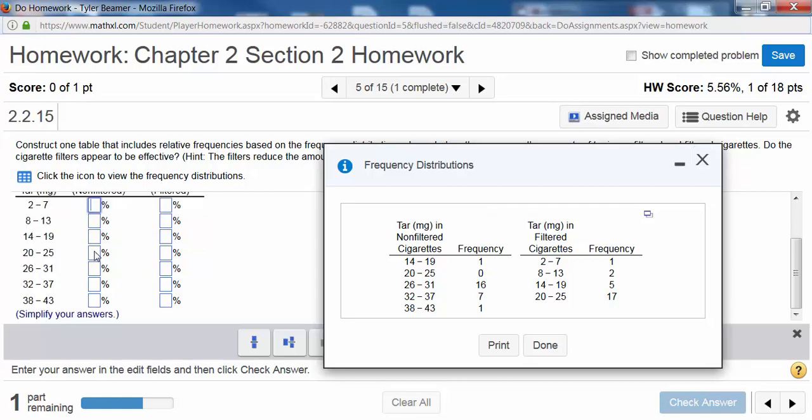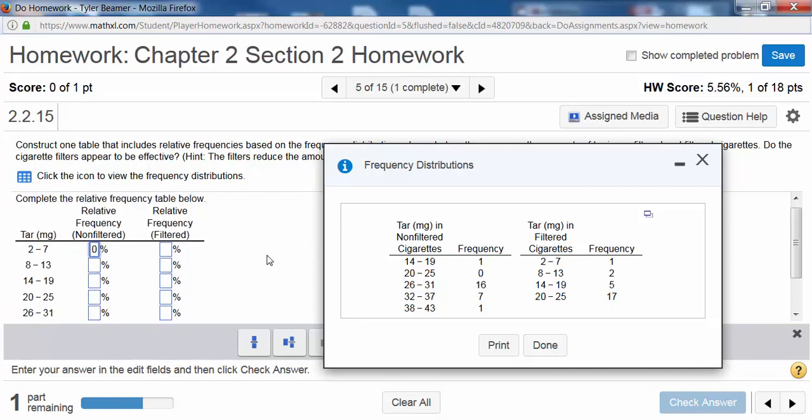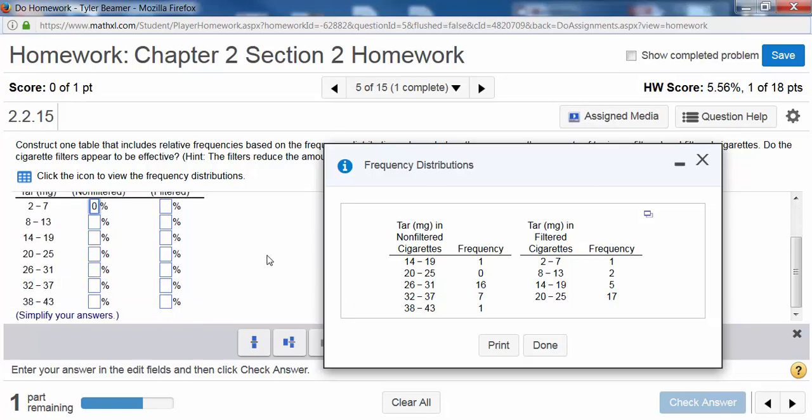So then the relative frequency percentage would also be 0. Notice we also, for non-filtered cigarettes, do not have any data points that belong to the class 8 to 13 milligrams. So that's also going to be 0%. And then once we get to 14 to 19 milligrams of tar, we have one data point that is in that class. So we can indeed find a percentage there.